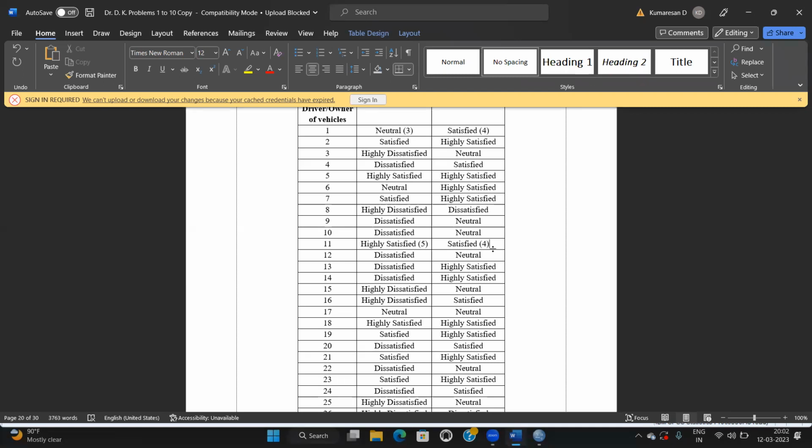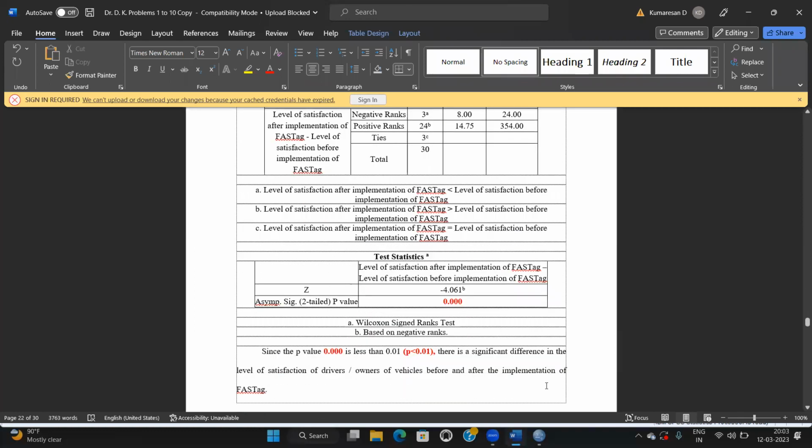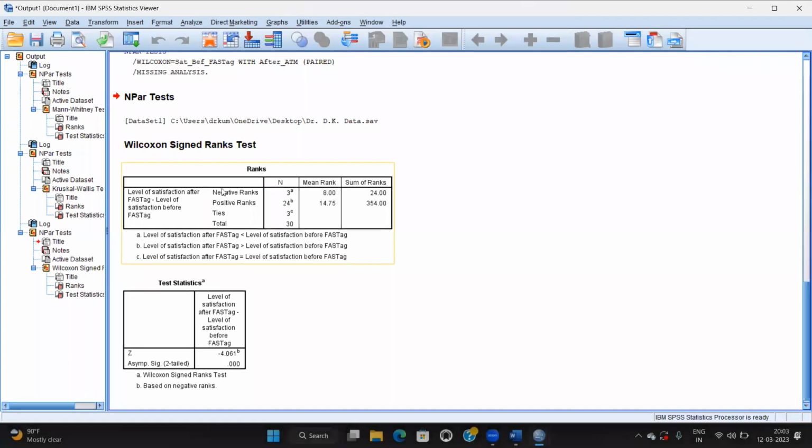If after score is less than before score, it is negative. If after score is greater than before score, it is positive.